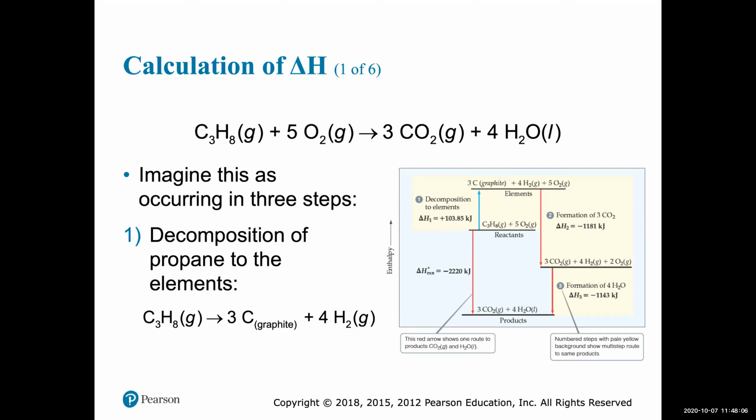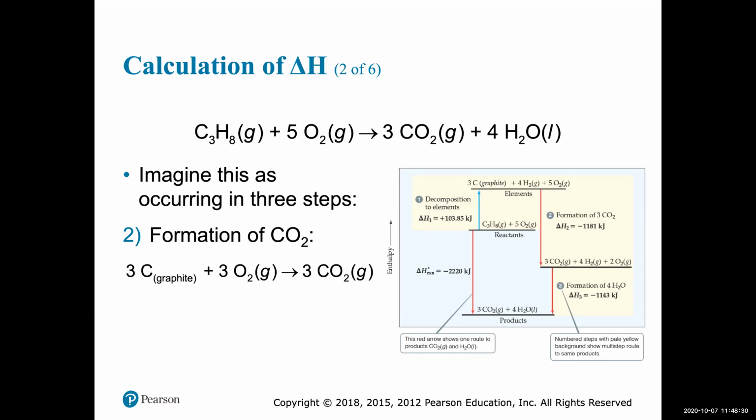So imagine this as if it occurred in 3 steps. The first is the decomposition of the propane to elements. So propane degrades to carbon and hydrogen, and there's a delta H associated with that. Then you form CO2.